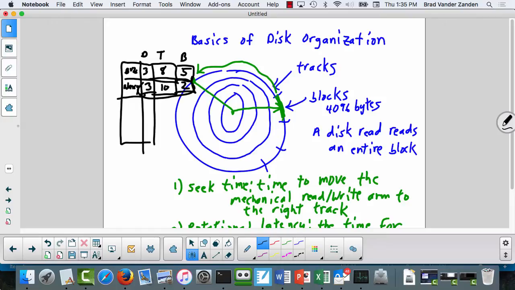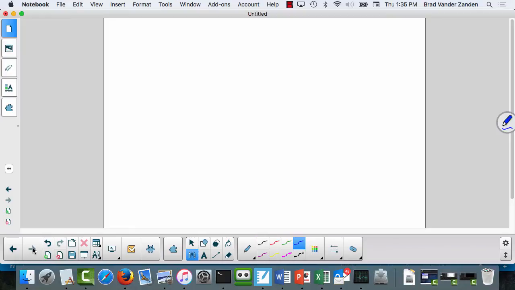Then the question becomes, what do we index? So basically, cluster indexes improve the performance of range queries.